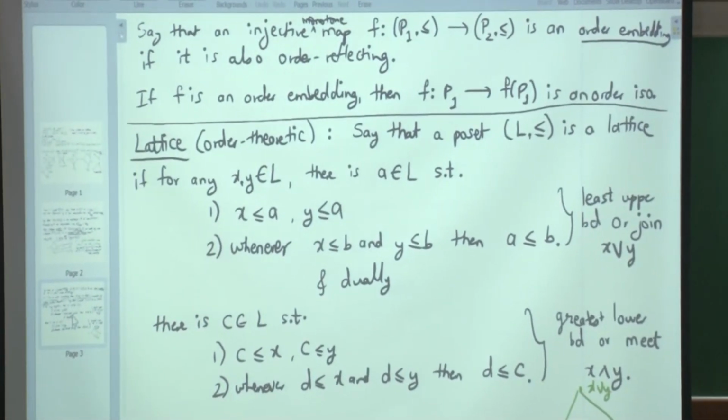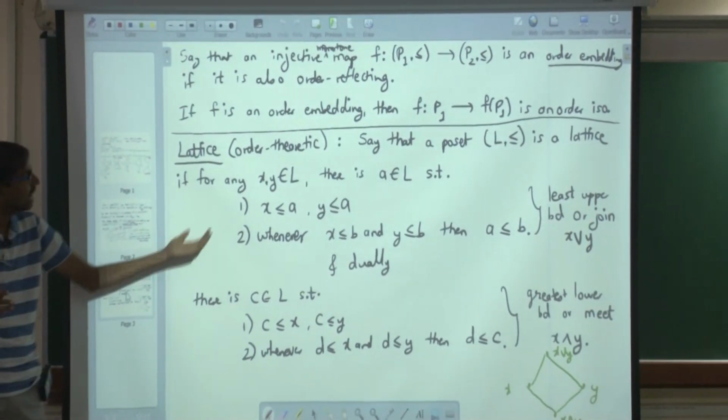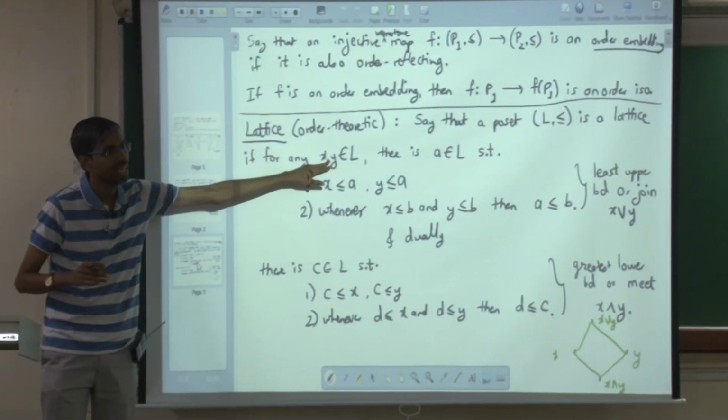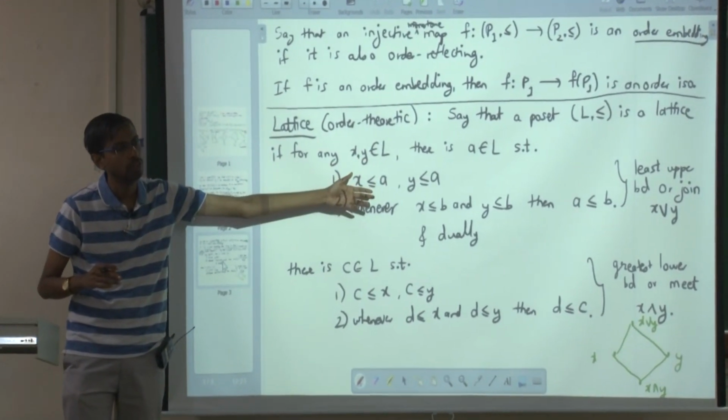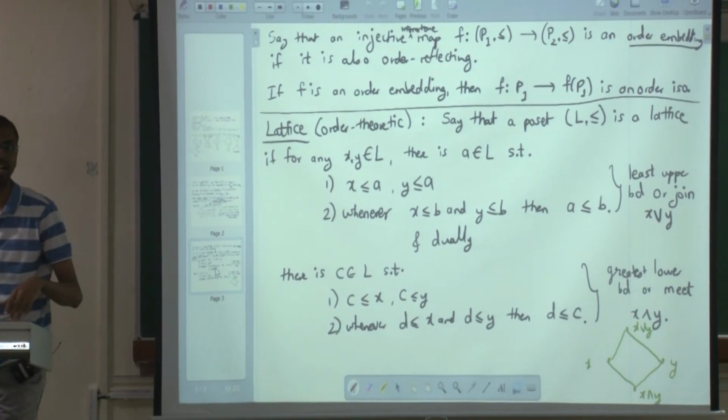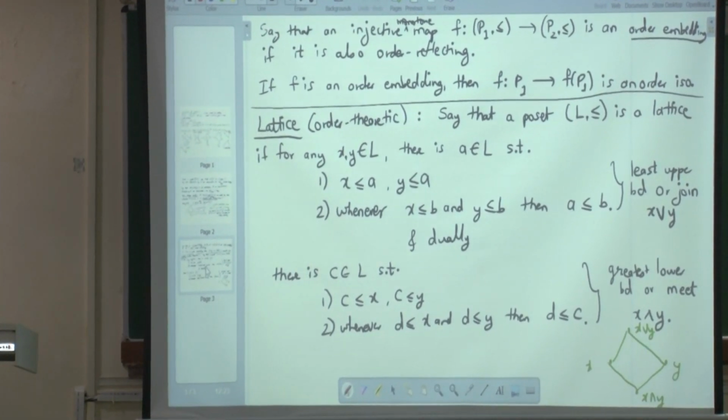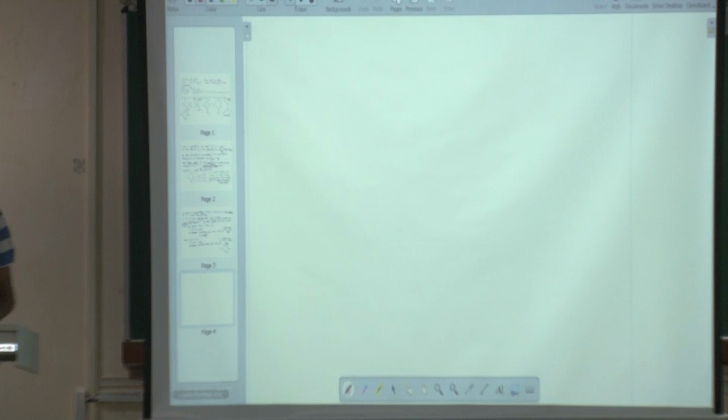So this is the order-theoretic definition. So given less than or equal, we require that every pair of elements has a least upper bound, which is the join, and it has a meet. Now I will define the algebraic lattice.